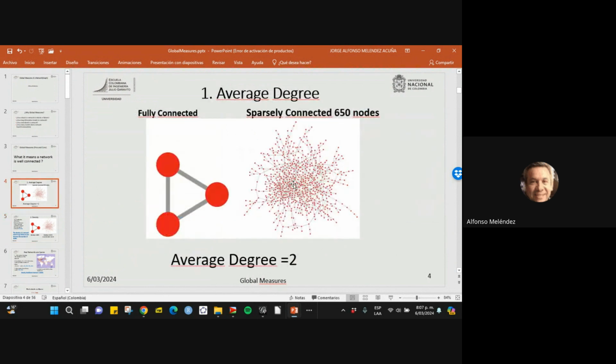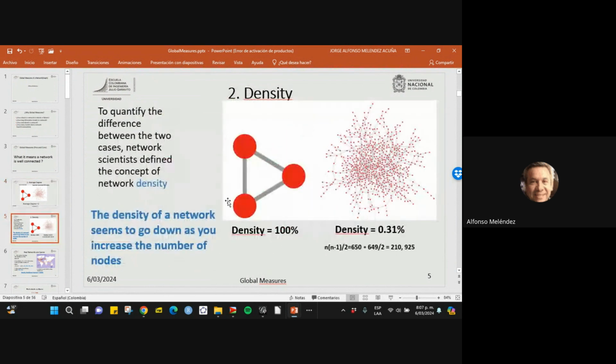So the average degree is the same, but with density we begin to see differences. In density, these two networks differ, okay? The density of a network seems to go down as you increase the number of nodes. If you have networks with few nodes, typically the density is high. But if you have networks with a lot of nodes, the density is less.